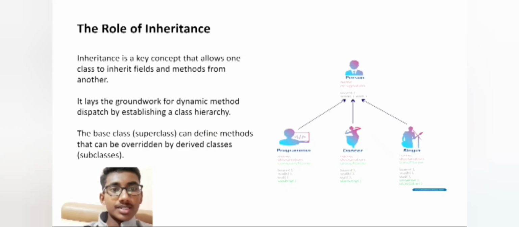We can see the role of inheritance with the example: person, name, designation. From the person we have the programmer, the dancer and the singer. The three persons are there.